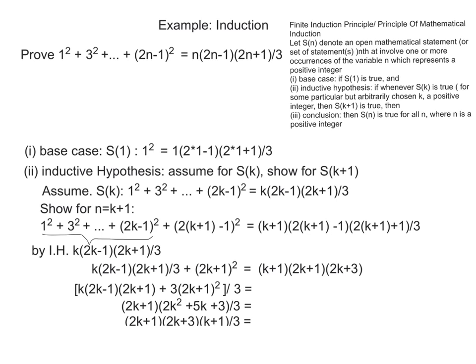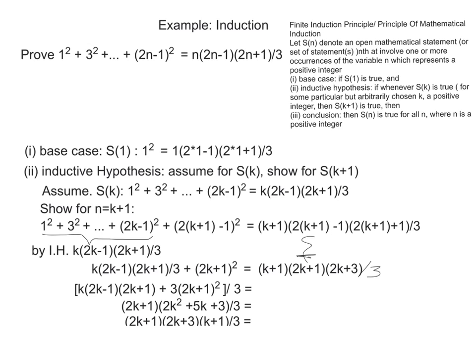I also did some simplification over here on the right-hand side. And the rest is algebra on the left-hand side until my left-hand side equals my right-hand side. And thus I had proven, there needed to be a divided by 3, but thus I have proven my formula.